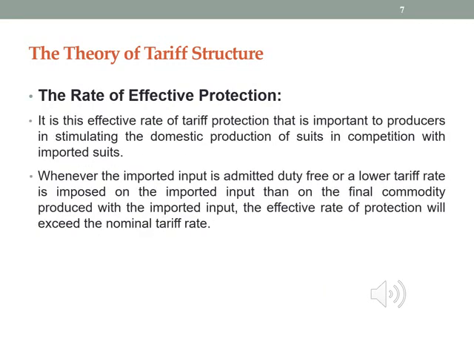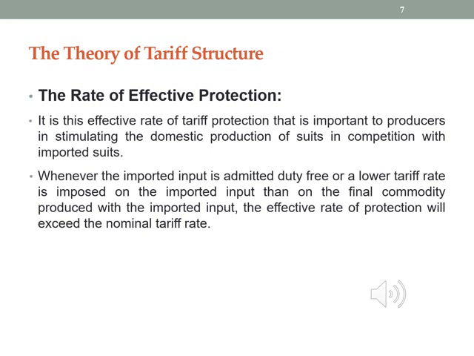So accordingly, it is very obvious that the producers would care about the effective rate of tariff protection and not the nominal tariff rate. This rate would be the most important to stimulating the domestic production of suits in competition with the imported suits.